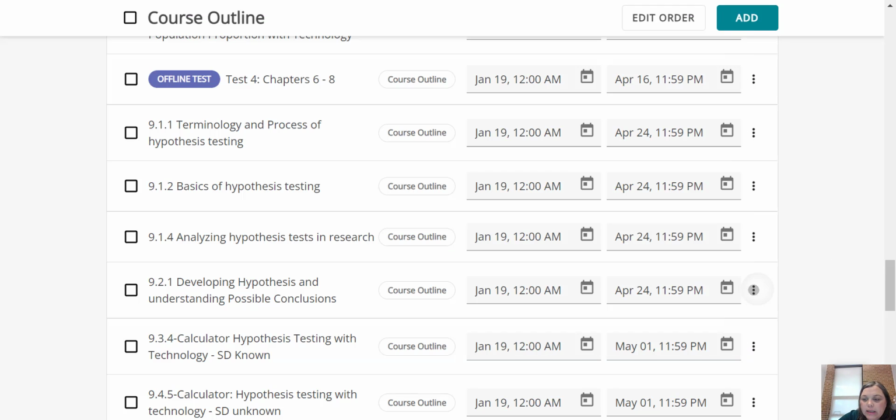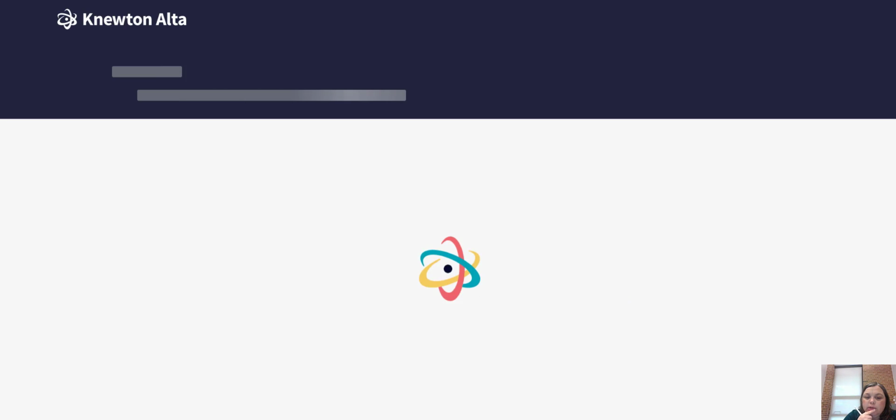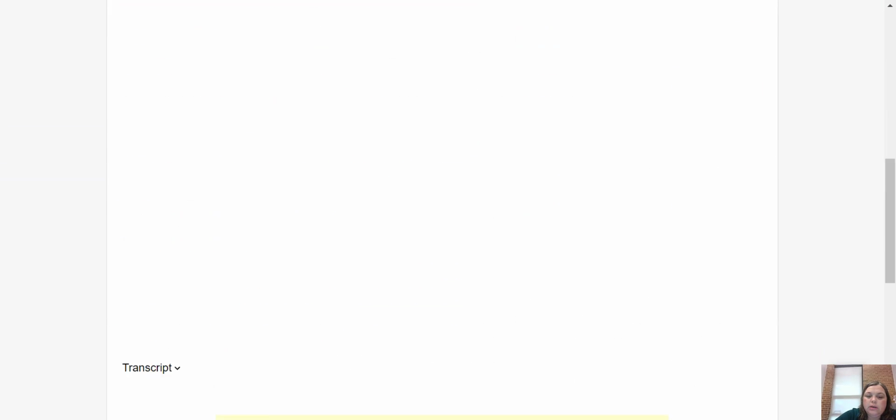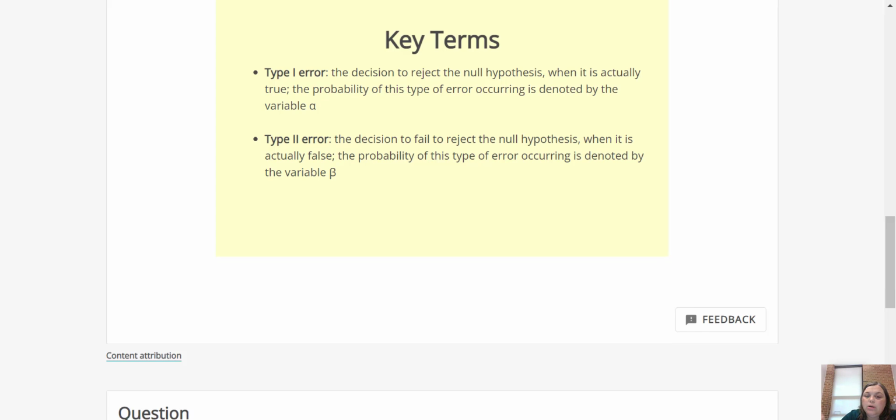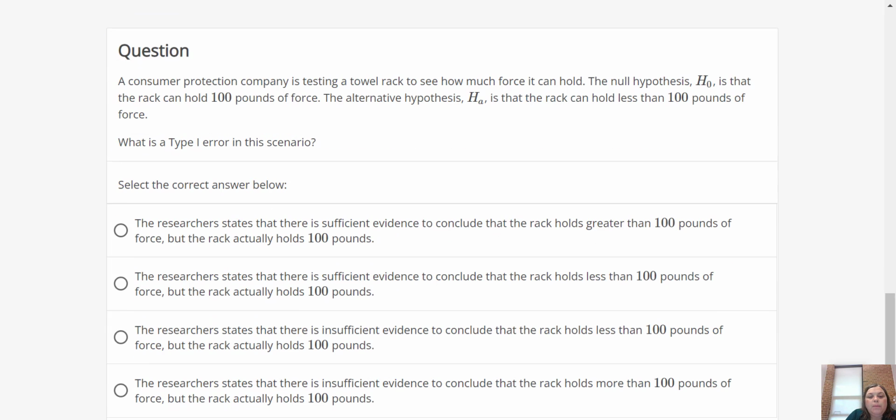So I'm going to click on it. All right, and so then you can watch their little videos on type 1 and type 2 errors in addition to the ones that I created. This one says a consumer protection company is testing a towel rack to see how much force it can hold.